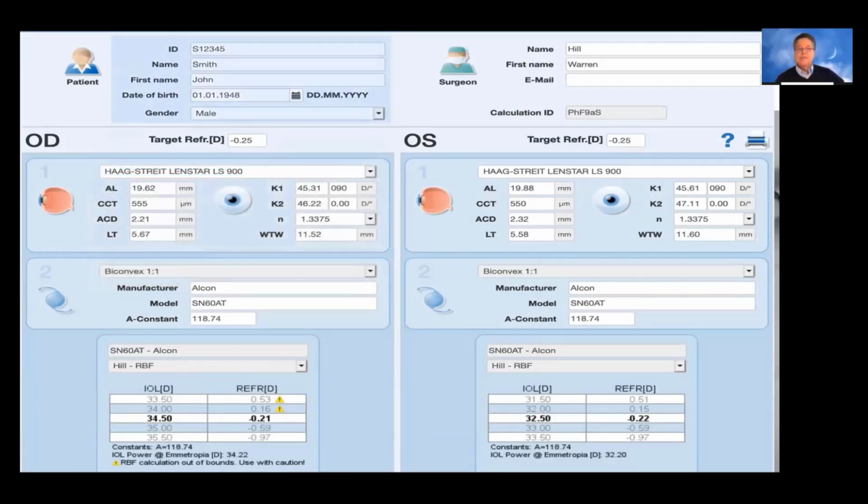Put in the patient information, the biometry and the target refraction, some information about the IOL, including its lens constant. And then what it will give you is a calculation with the inbounds or out of bounds calculations. And in this case, we're up to about 34.5 diopters, and we still have enough data to support that calculation.